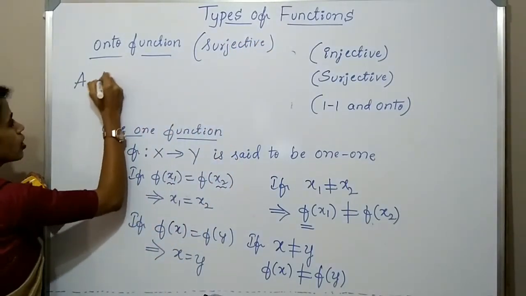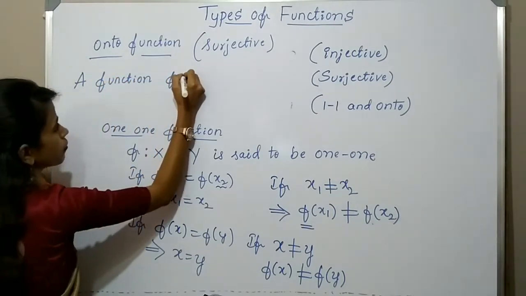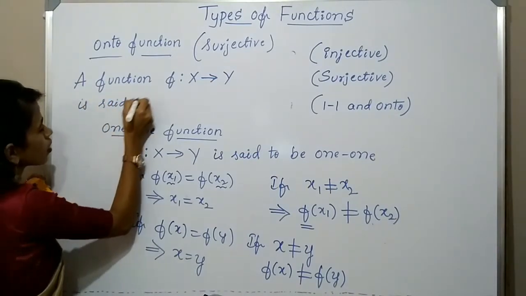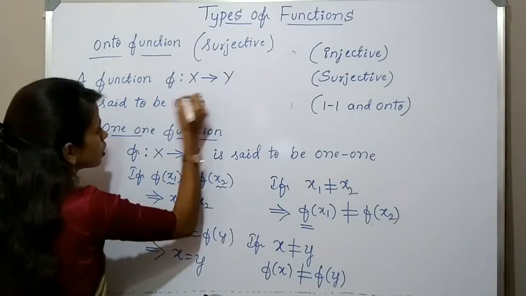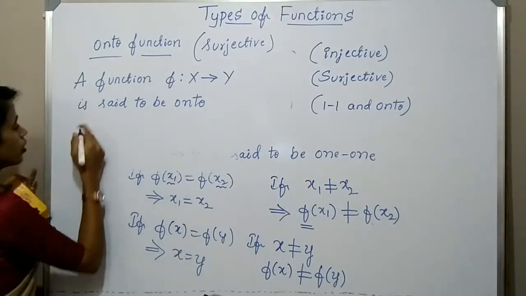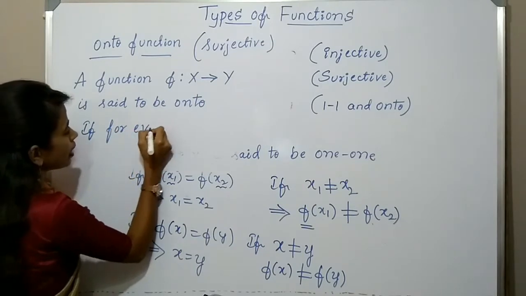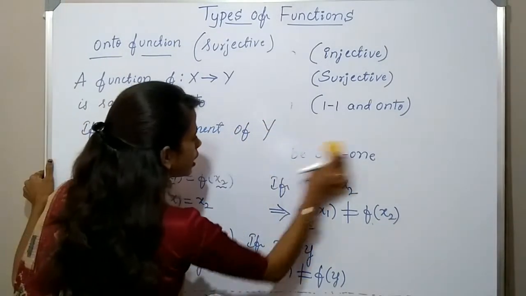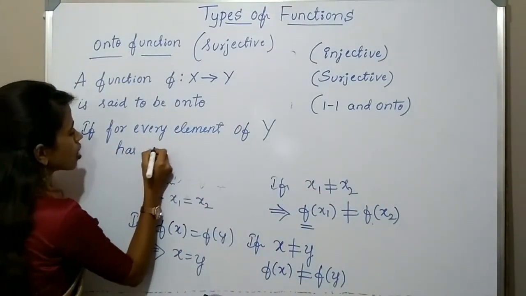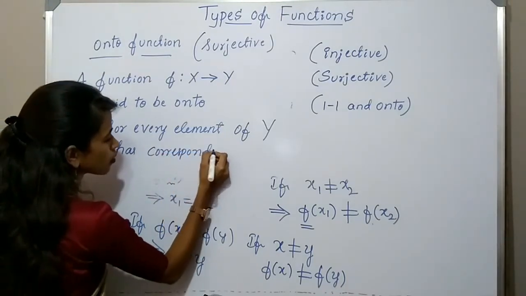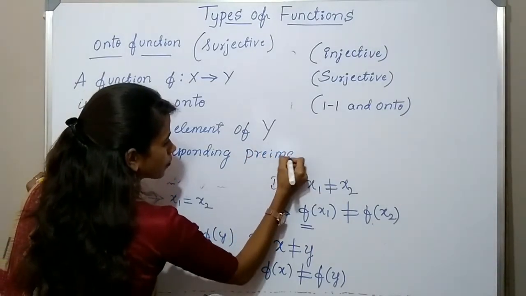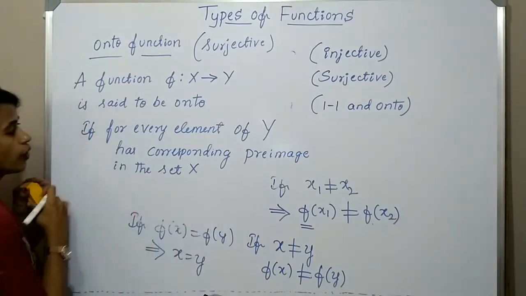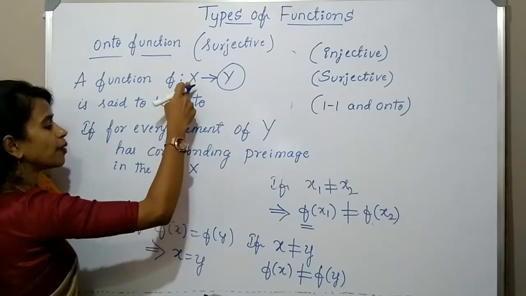So the definition is: a function f from a non-empty set X to a non-empty set Y is said to be onto if every element of the set Y has a corresponding pre-image in the set X. That is, every element of the codomain has a corresponding pre-image in the domain.